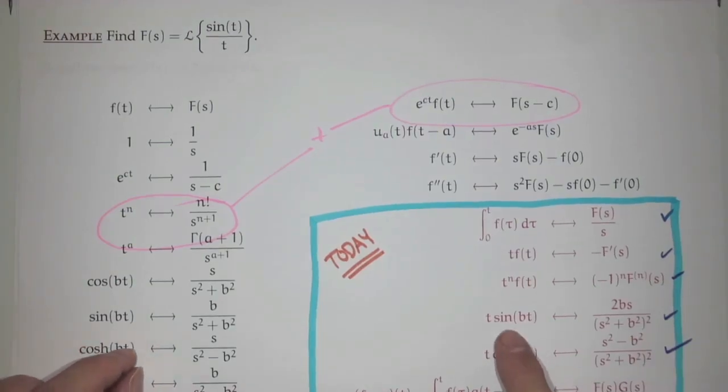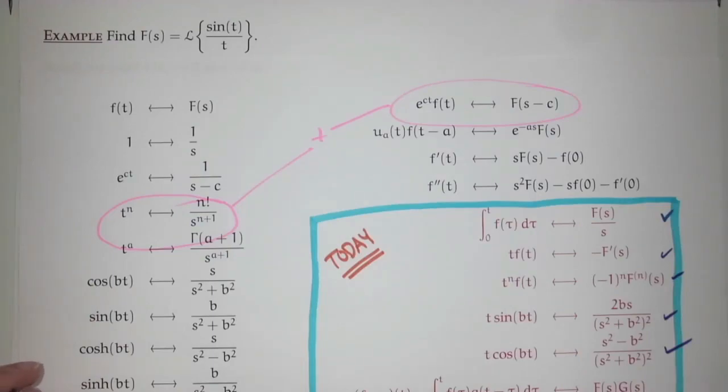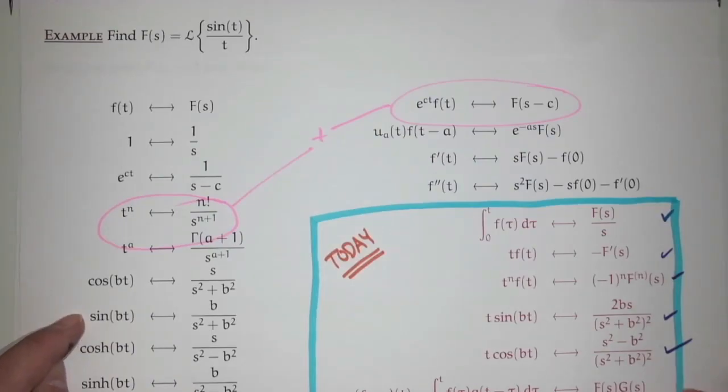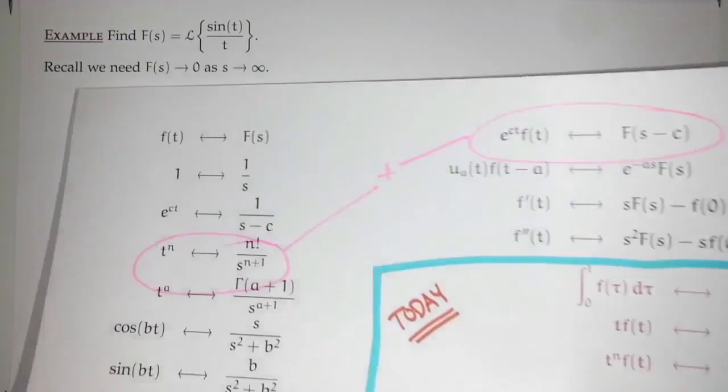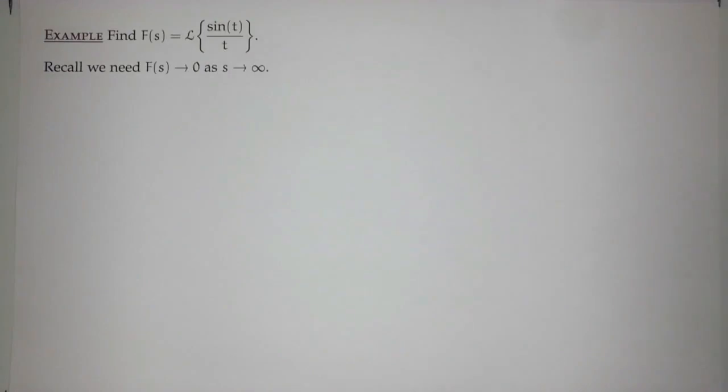Well, t sine t is multiplying by t. We want to divide by t. But what are we close to? Let's start with sine. You're probably thinking that's a weird place to start, but okay, we'll start there.